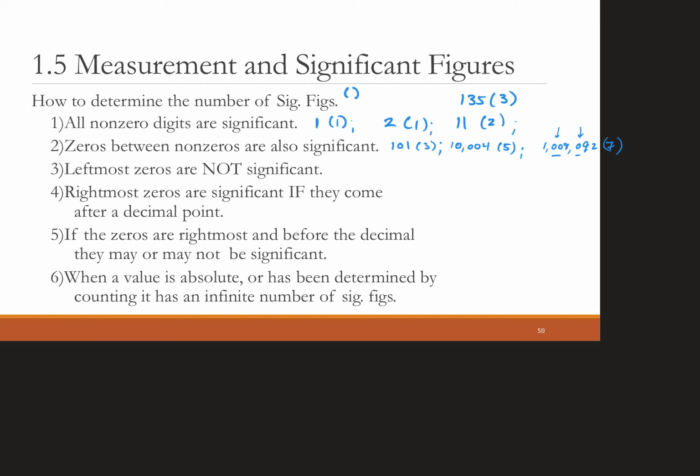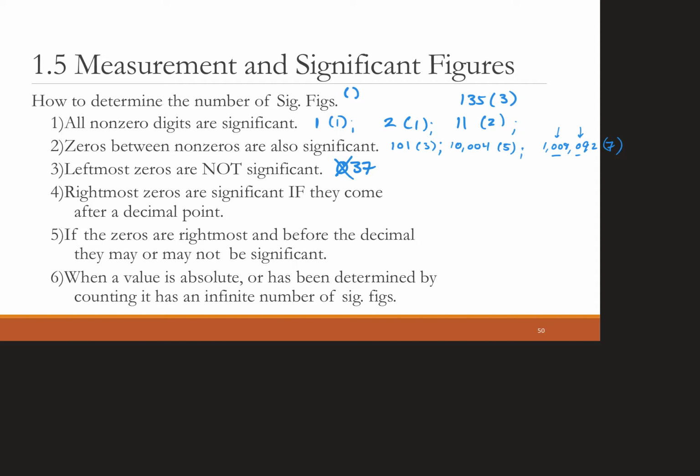Leftmost zeros, rule 3 here, are not significant ever. They're unnecessary. I'm 37 years old, but I would never say I'm 037 years old. That would be dumb. I don't need to tell you that I'm not 100 years old. I think you could look at me and make that assumption pretty easily. Hopefully, at least.